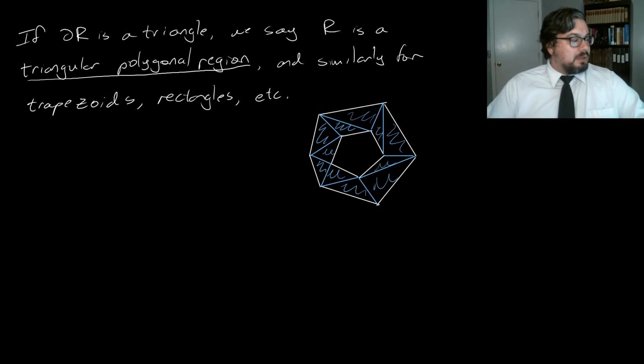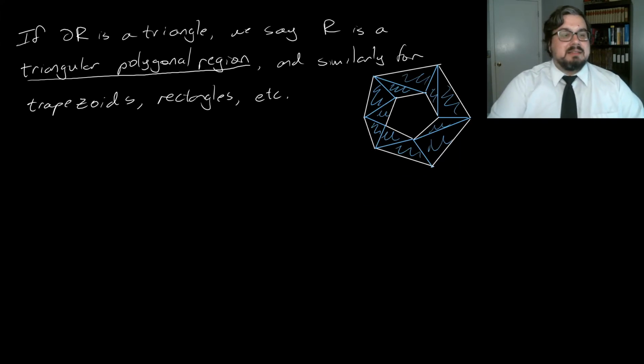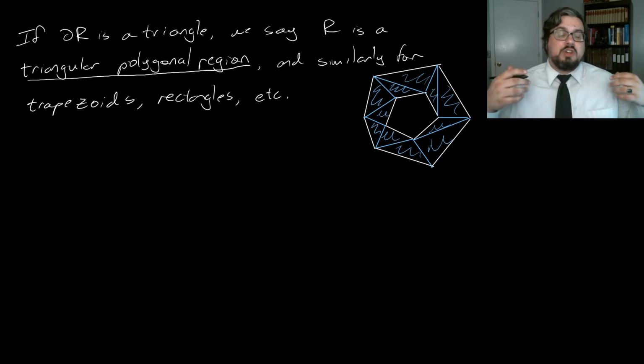Okay, so given all of this notation and definition, we can define what an area function ought to be. Now, one thing that's nice about what we've done so far is that we don't have to use an axiom here. Now, when we wanted to talk about a distance on a geometry, we had to introduce an axiom that allowed us to do that, an axiom that told us that a distance function existed.